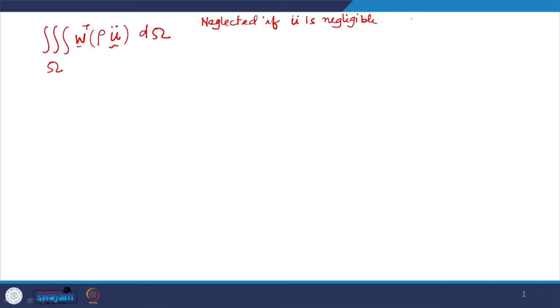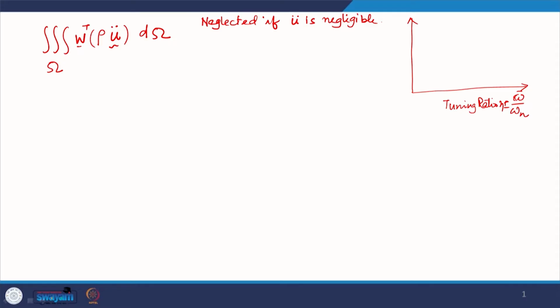So, under what conditions is this term negligible? Let us look at this. On the x axis we have this ratio that is called the tuning ratio. That is the ratio of omega bar, the excitation frequency.